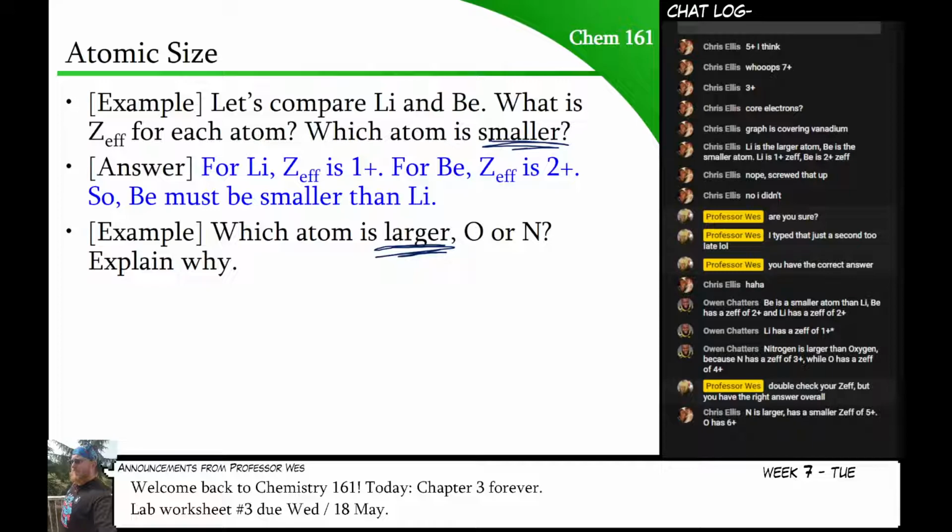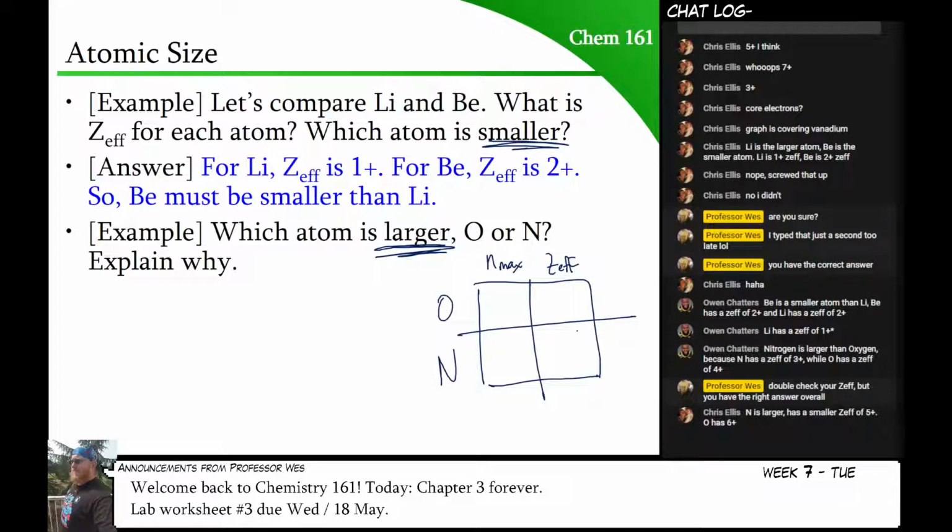All right, let's make our little chart here. I realized I could just make the chart look a little cleaner by doing it this way.